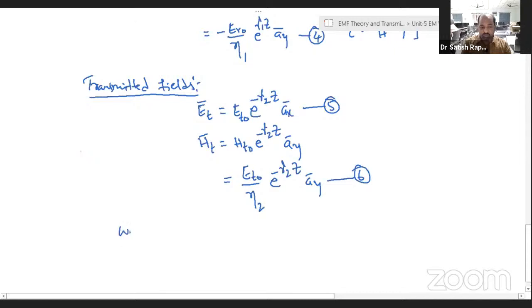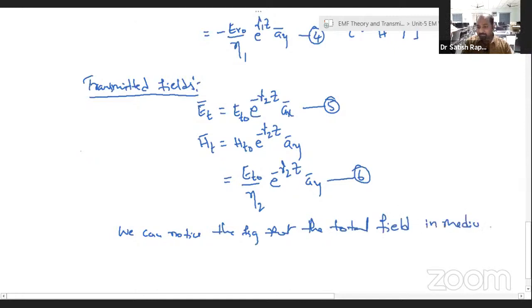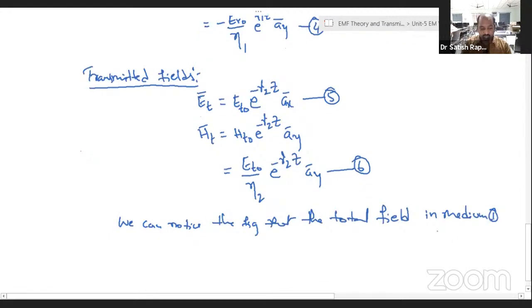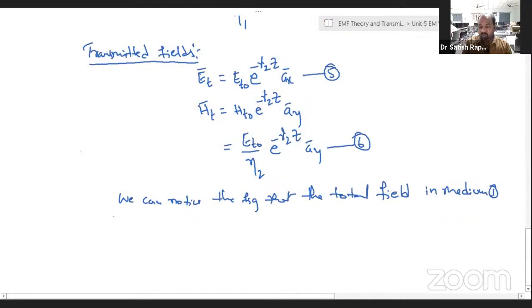So we can notice in the figure that the total field in medium 1 comprises of what?